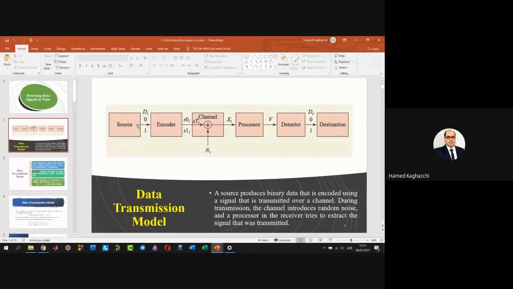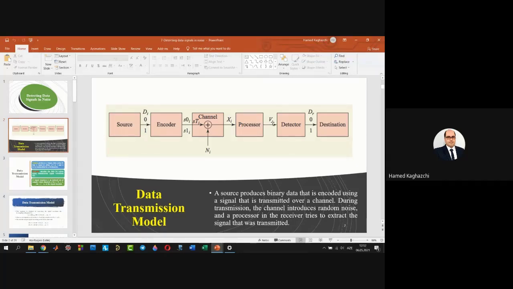This source produces the data. We encode or encrypt the data, and via a channel, which can be wire or wireless, we send the data to the processor, and at the output of the processor we will have a random data containing information.